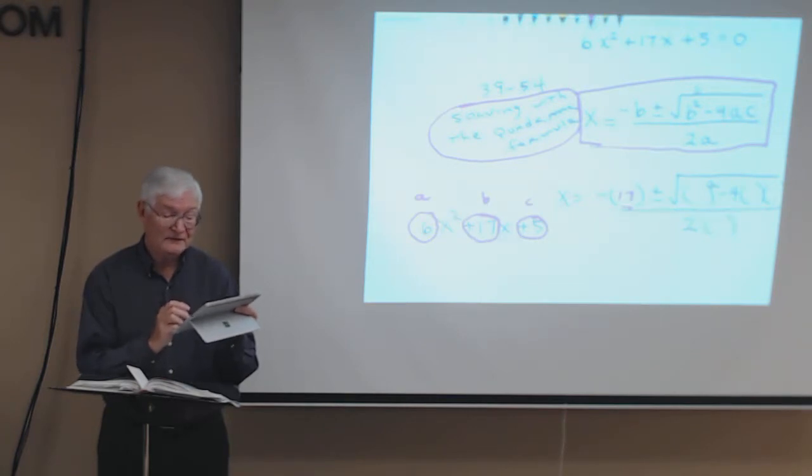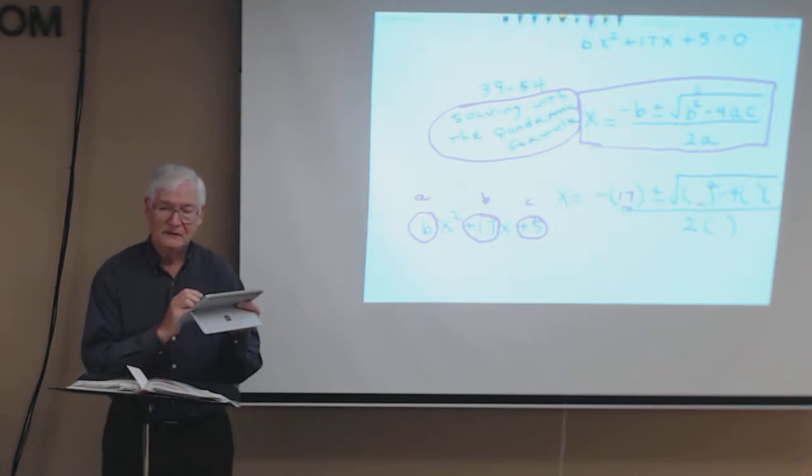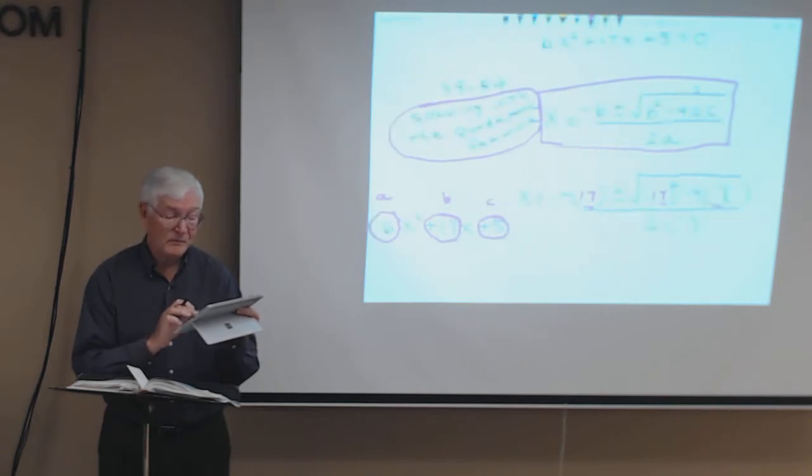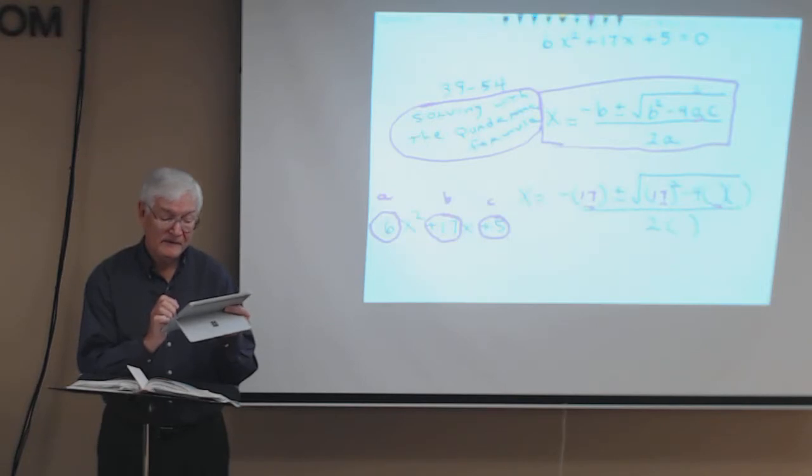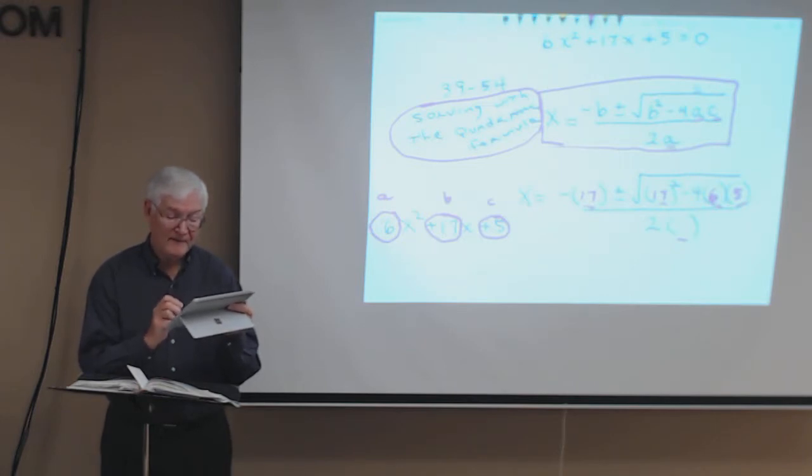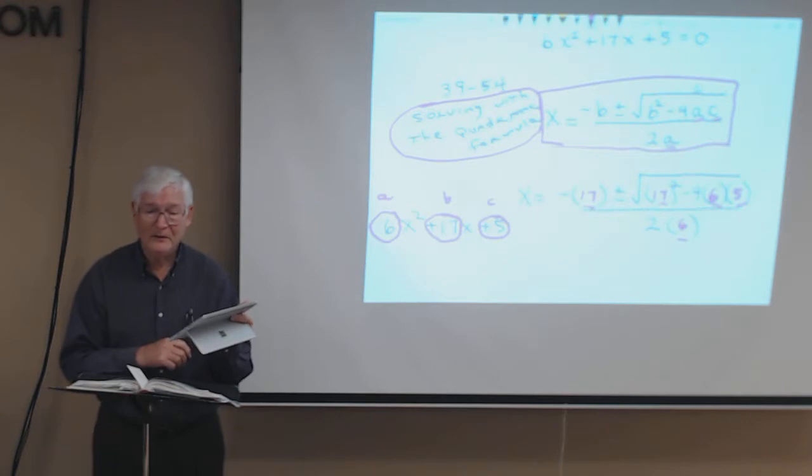What goes in this space here? 17. Everybody see where that's coming from? What goes in this space? A. What's A? 6. And what goes in this space? C. 5. And what goes down here? A. What was A? 6. Everybody follow where I'm getting the numbers?